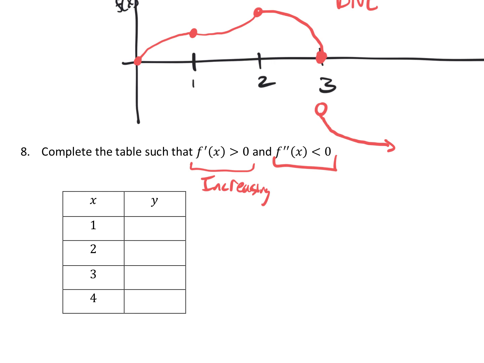So this is concave down. If you want to think of a graph, it's increasing but concave down. So it's going up, up, up, up, up, but it's starting to go up a little slower.